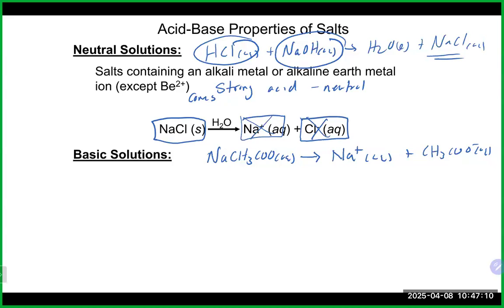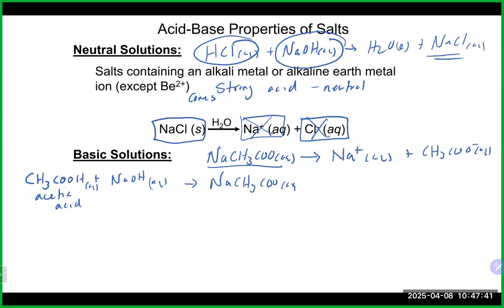So what we want to think about is, again, where that salt could have originally come from. Since it's sodium acetate, I'm going to assume that acetate sounds a lot like acetic acid, which is probably where that came from, and probably sodium hydroxide here. And again, in this reaction, we would produce our sodium acetate, and we will produce our water in this case.